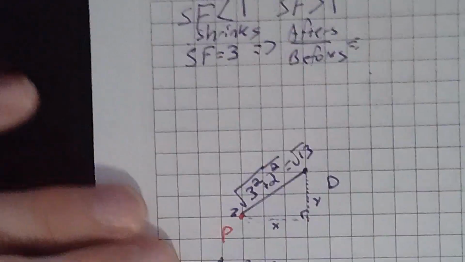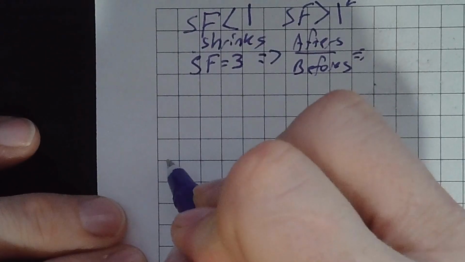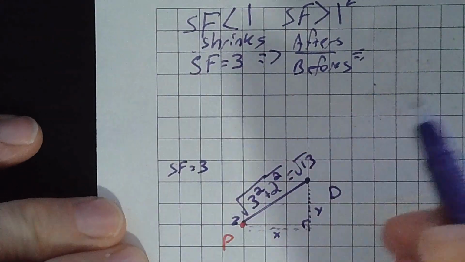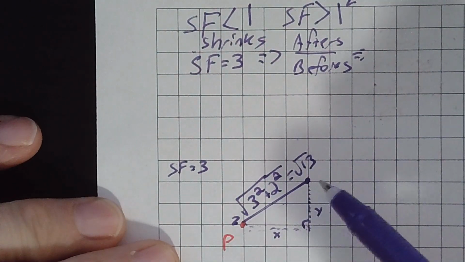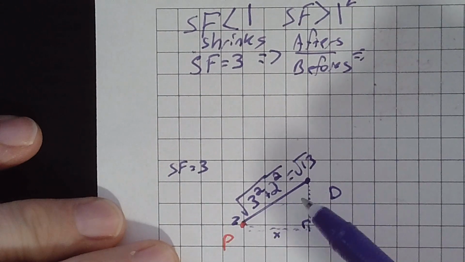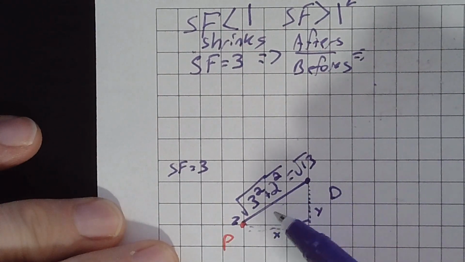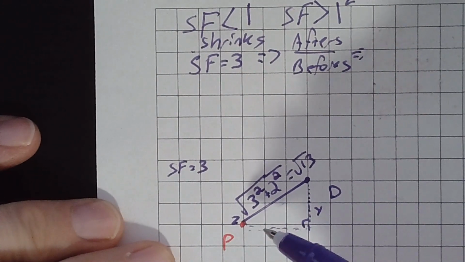So here we go. We're gonna apply a scale factor of 3. So we're going to dilate point D at its center of dilation of point P. That's how we say that.